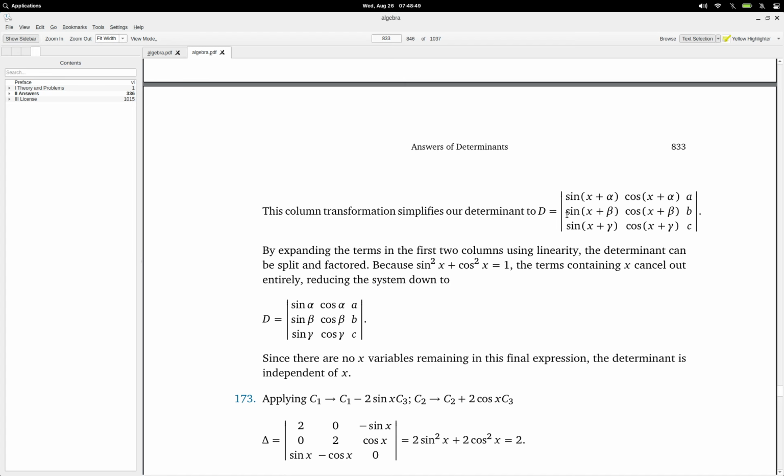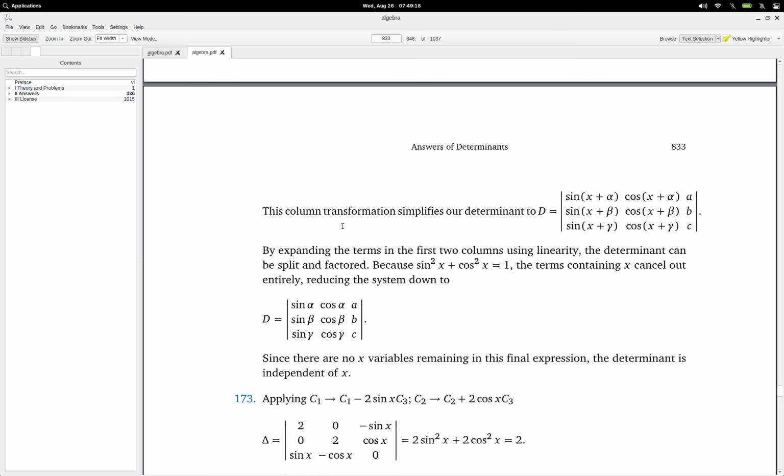So you can take cos x out. So essentially in one determinant, you have sin x out and cos alpha, cos beta, cos gamma, and then cos x out, sin alpha, sin beta, sin gamma. And here you can take cos alpha out. You will be left with cos alpha, cos beta, cos gamma, and then you take minus sin x common, and you will be left with sin alpha, sin beta, sin gamma. So then you can solve it.